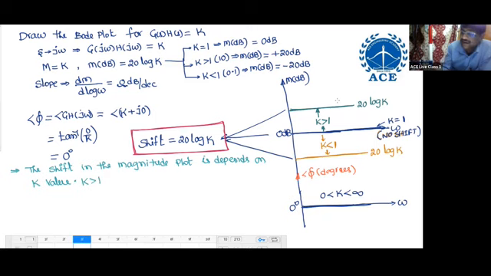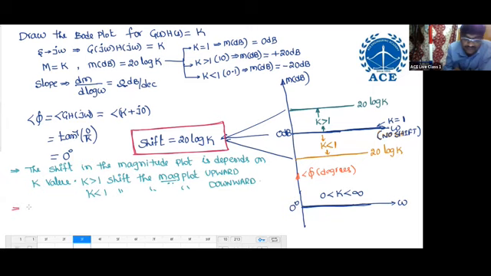Already we have written here K greater than 1, shift upward. K less than 1, shift the magnitude plot downwards.